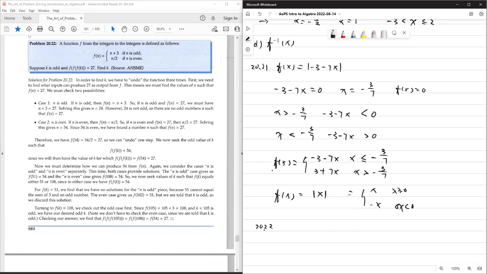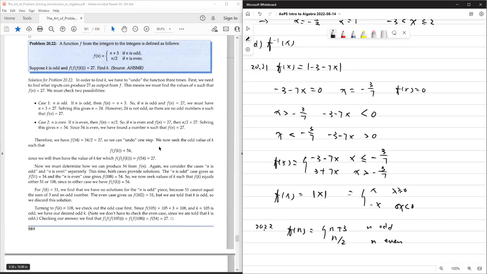All right, 2022 actually happens to be this year, so we'll end on it. We say a function f from the integers to integers is defined as follows. Note the domain of f of n is all integers, so it's not a continuous function. f(n) is n + 3 if n is odd, and n divided by 2 if n is even.